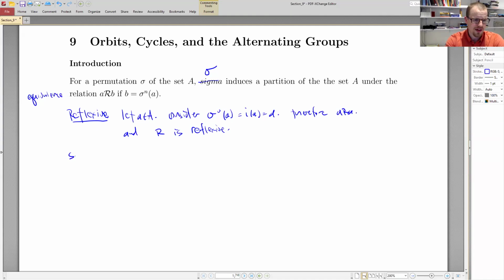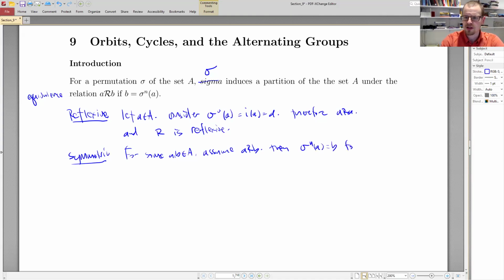All right, I also want to verify symmetric. Assume, for some a and b in A, that a is related to b. Then we have that sigma to the nth power of a is equal to b for some n, which is an integer.